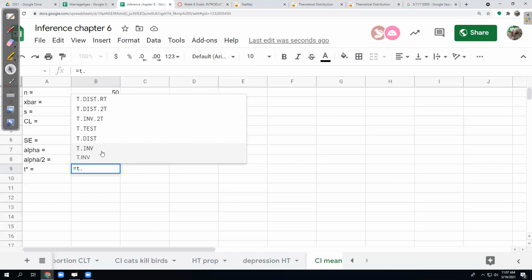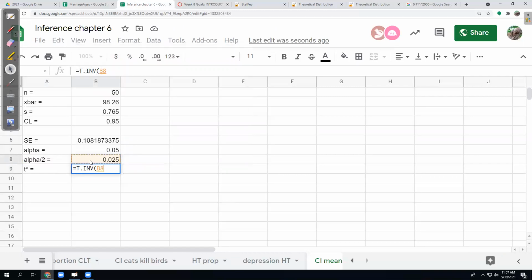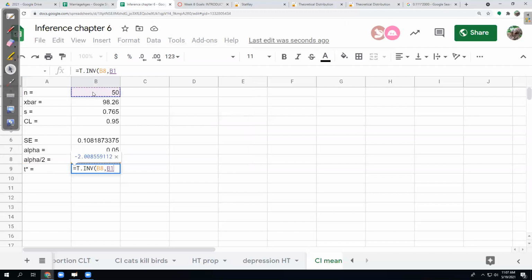Wait, no, given a probability, I want to find the t-score. That's t inverse. Okay, we want t inverse. T inverse says, what is your tail probability? So that's that alpha over 2, comma, what are your degrees of freedom? And that would be just my n minus 1.